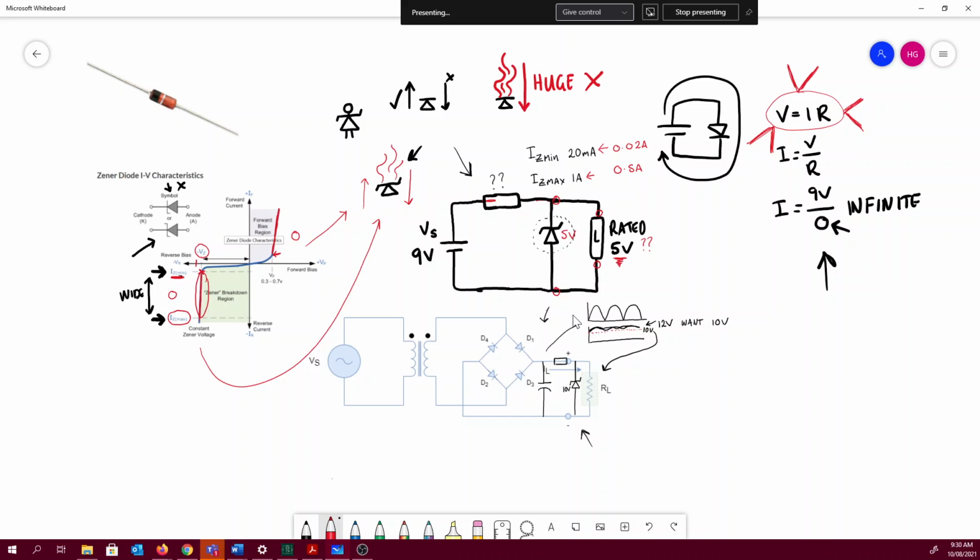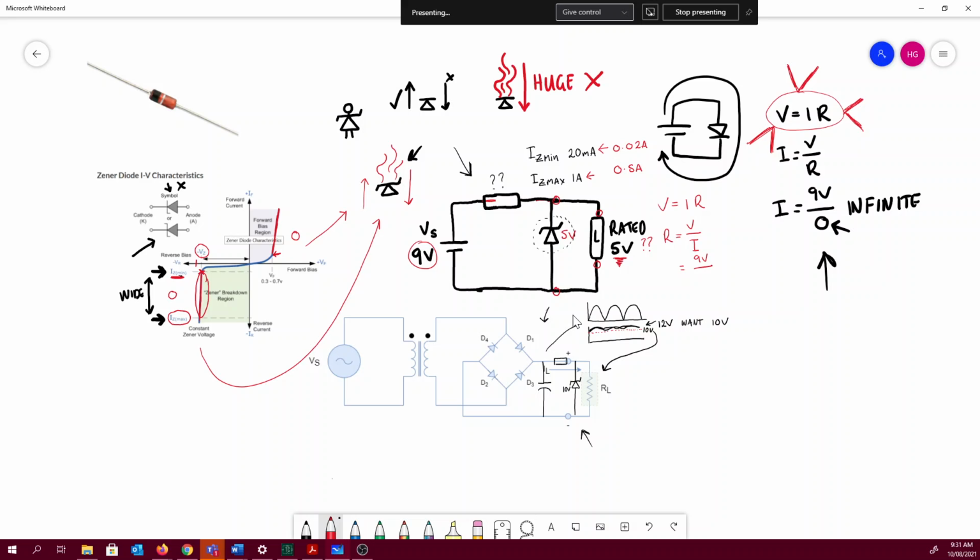Let's just say that we are looking for, so V equals I R, but we're solving for resistance. So resistance is equal to V divided by I. And we know that our supply voltage over here, which is the one we care about at the moment, is 9 volts.